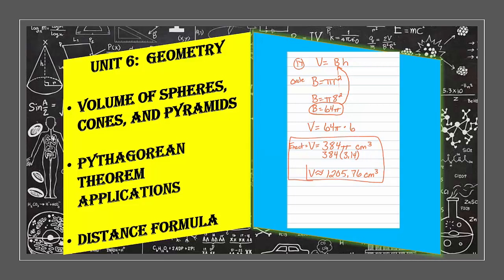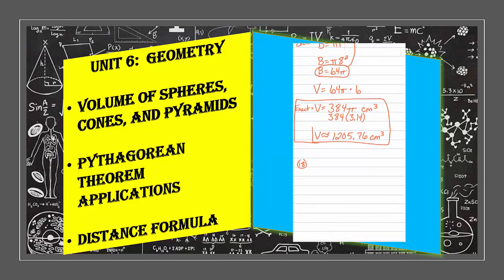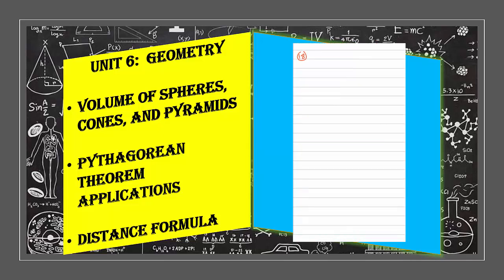Problem number 18. What is the volume of a cone that has a radius of 6 centimeters and a height of 8 centimeters? Well, this is going to use a slightly different formula, where the volume of a cone is equal to 1/3 of our big B times H. And so, again, we need to know what is our base.